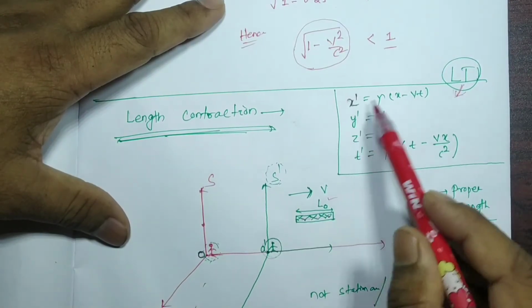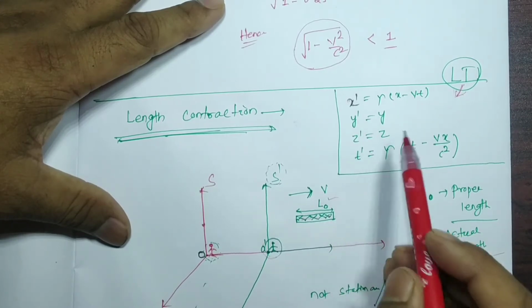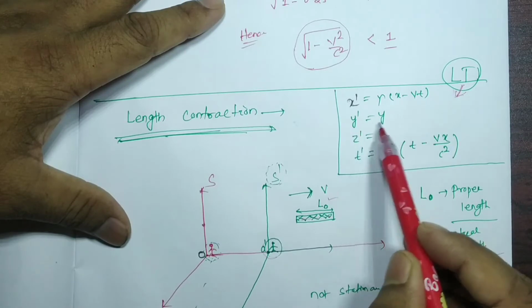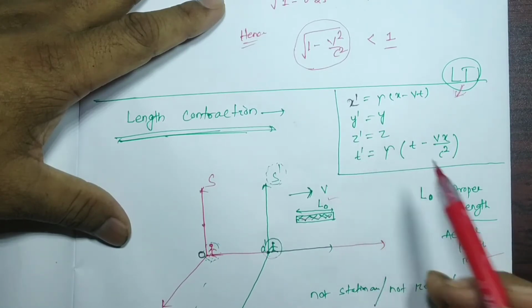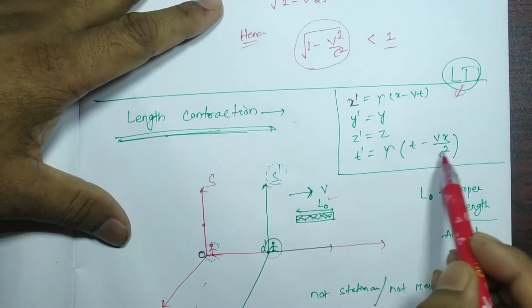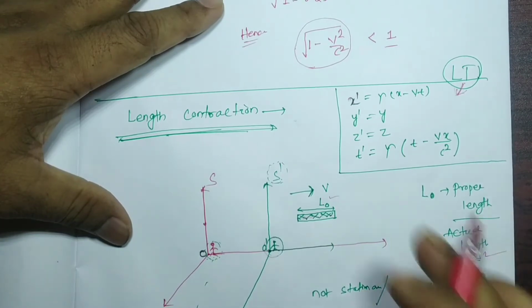And here one thing we are going to follow: only x dash is going to be changed, y dash is not changed, z dash is not changed, and t dash will be this much. So by using these equations, we are going to do the mathematical derivation.